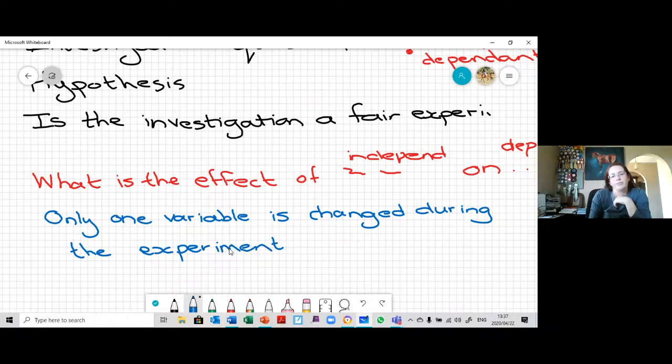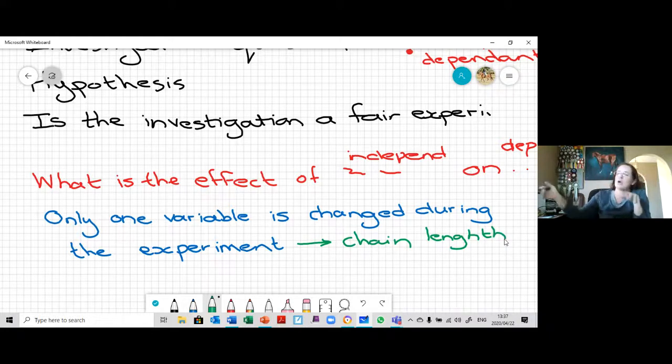Now, you could say chain length. I'm just giving you examples. I'm not saying this is always that way. So if they have alkanes and the alkanes get longer and longer, like yesterday's question, then you say the chain length is being changed while all other things stay the same.